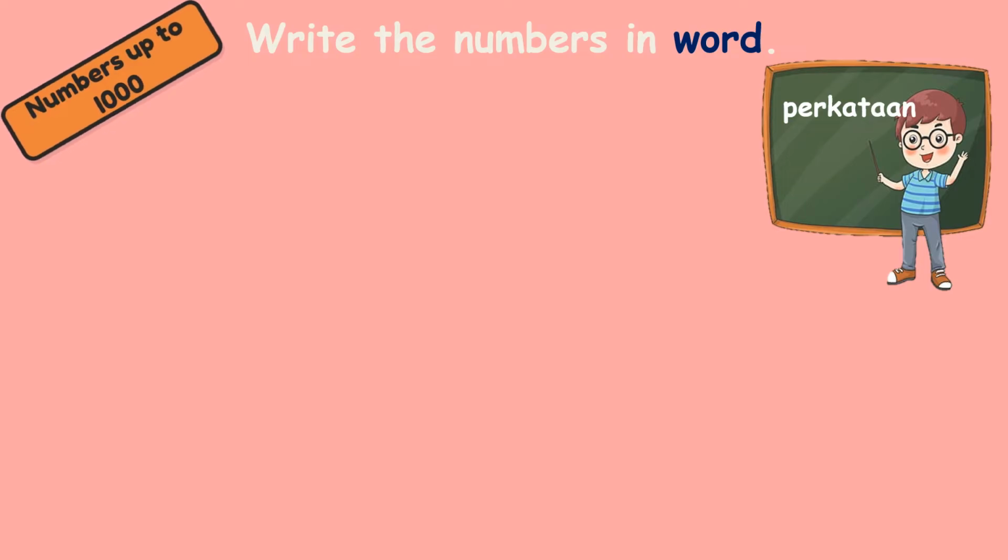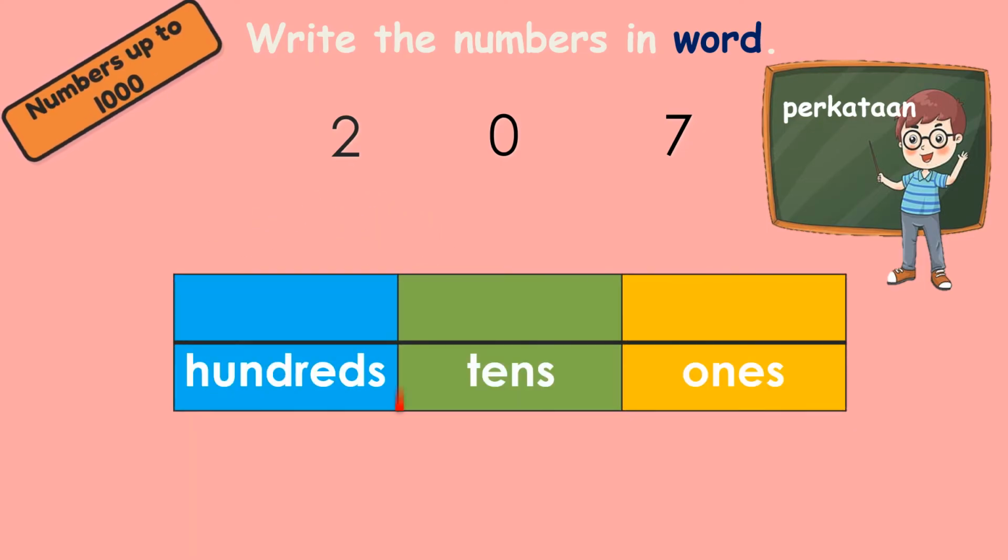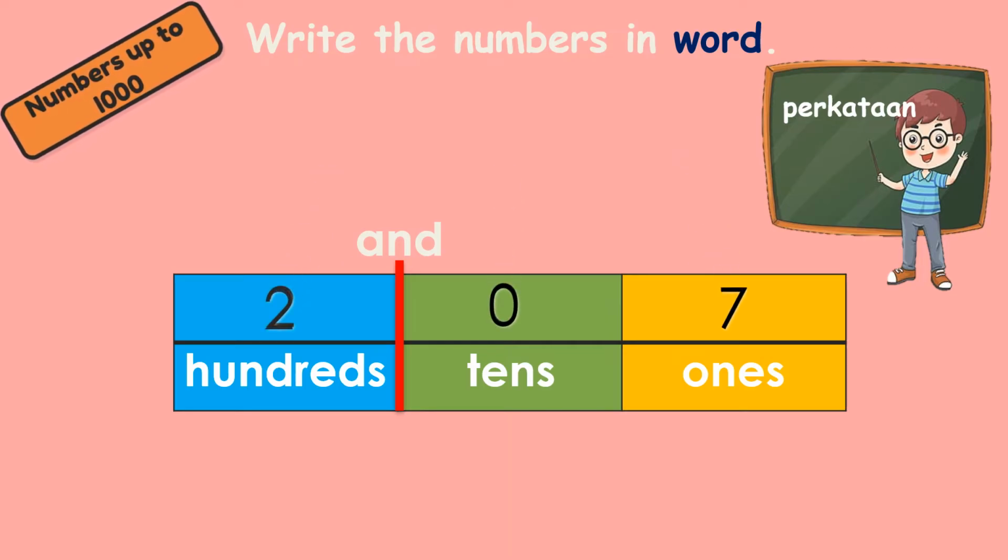Let's look at this number. 207. How to read this number? Let's use place value chart. Place each digit of the numbers in the place value chart.